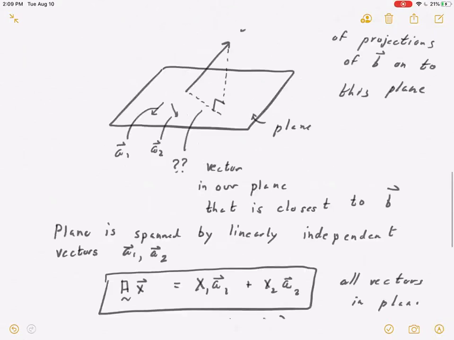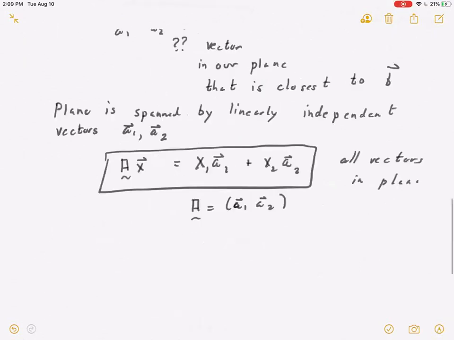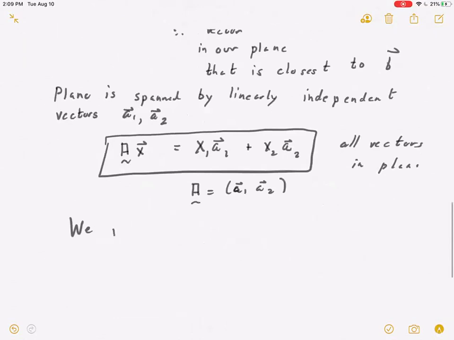So we could say that any point in this plane is defined by the matrix A acting on the vector X. What we want is the vector, the projection on the plane that is closest to B.